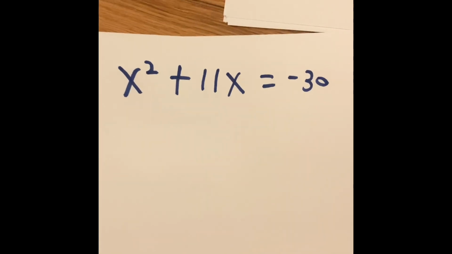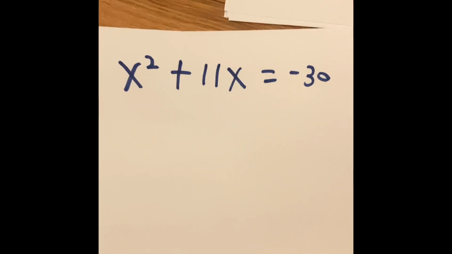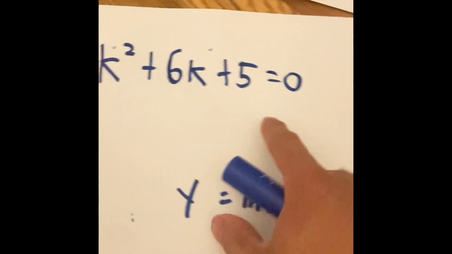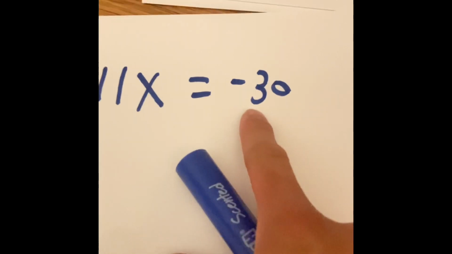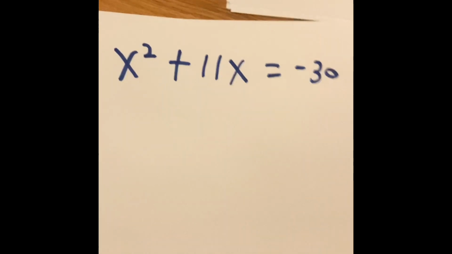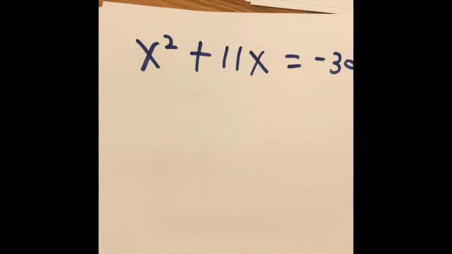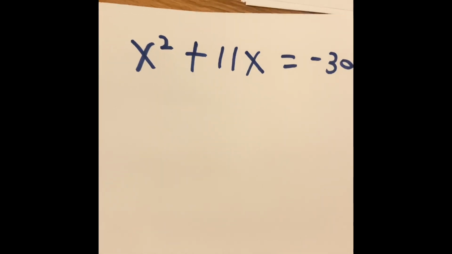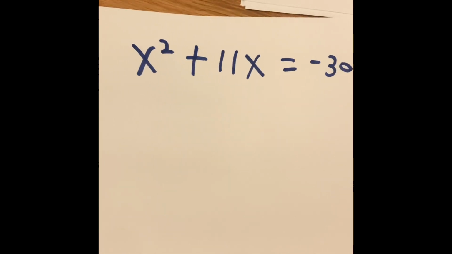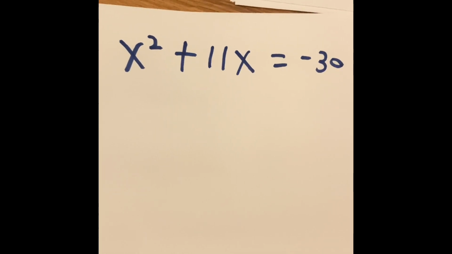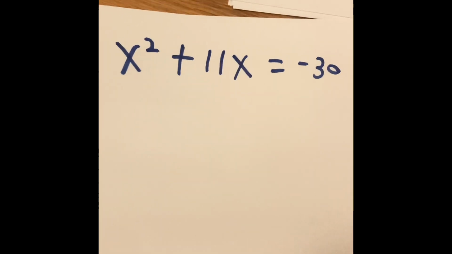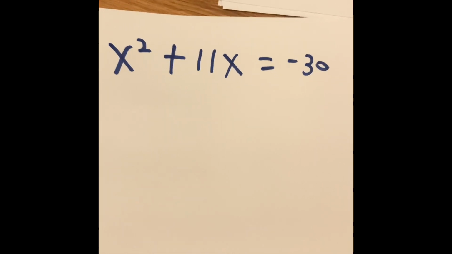You might notice something very strange, because instead of the equation equaling 0 as you wanted, it actually equals negative 30. So you might be asking, wait, how do we find the x-intercepts of this quadratic trinomial, or how do we even find the factors of it when you don't have 0 on the other side of the equal sign?